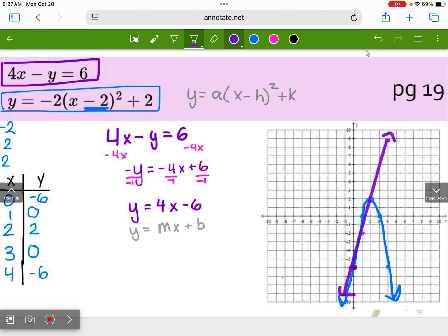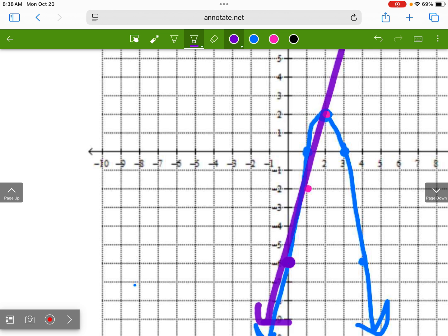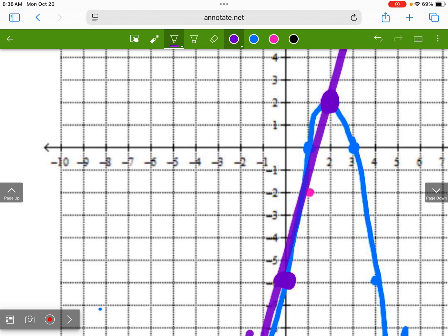We're going to need to be really careful, and we can look at the points that we made, because where do they cross? Where do we have intersections between our line and our parabola? Ignore the fact that my parabola is slightly wonky.